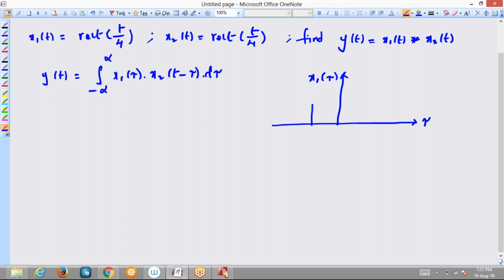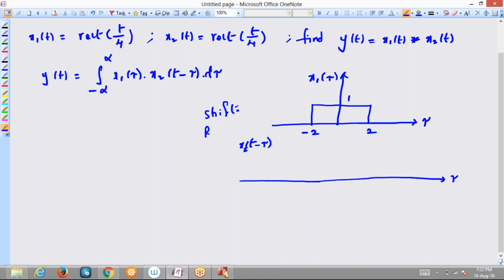Now to plot x2 of t minus tau on the tau axis, it is a reflected, shifted signal.